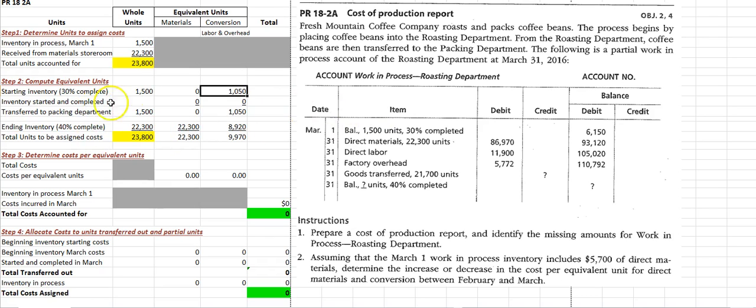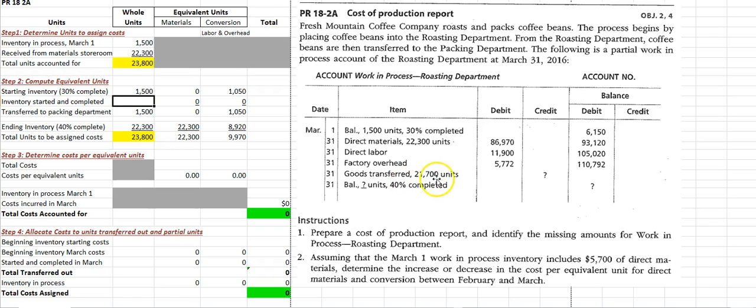Inventory that was started and completed. So let's try to decipher that. Well, it says that I had direct material started of 22,300. Okay. Let's see if I have anything here. Okay, goods transferred. 21,700 was transferred out. That means that I must have completed 21,700.